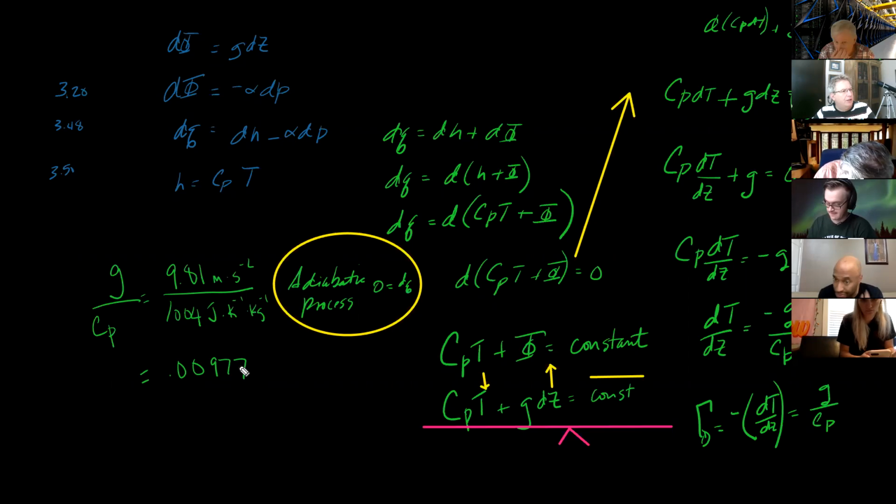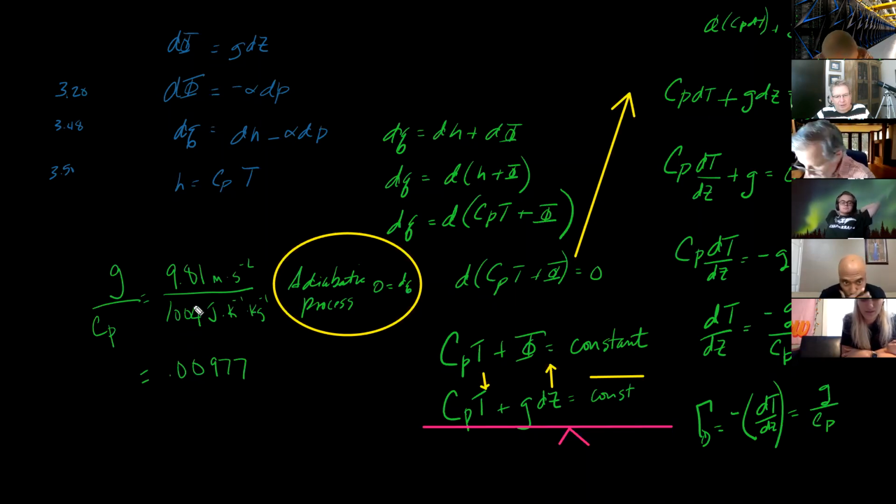What's the unit going to be? You've got a joule. You've got to know what a joule is. It's a Newton meter, and a Newton is kilogram meter per second squared. So do you understand I have a kilogram and a per kilogram? They go away.